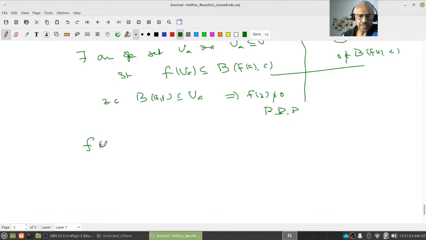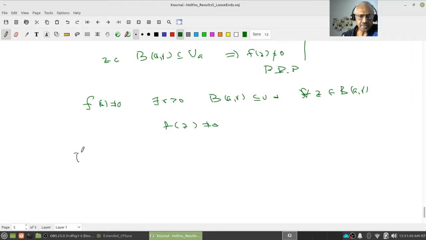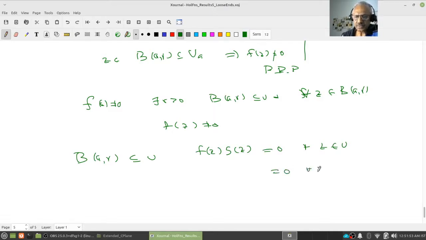If f(a) is not equal to 0, there is an R positive so that B(a,R) is contained in U, and for all z in B(a,R), f(z) is not equal to 0, right? But remember, B(a,R) is contained in U, and f(z)g(z) is 0 for all z in U. Therefore, it is 0 for all z in B(a,R).